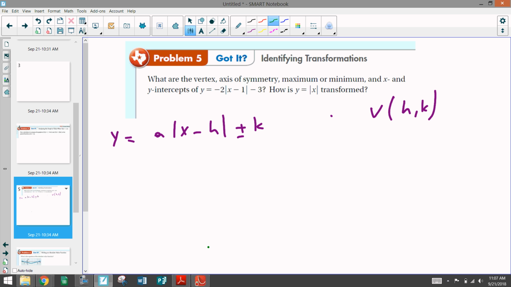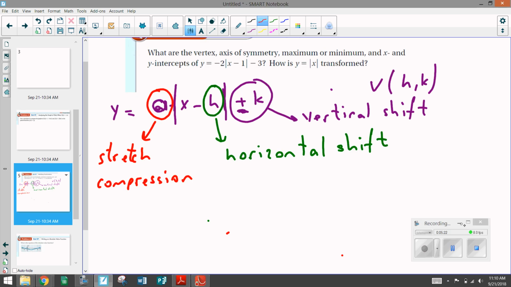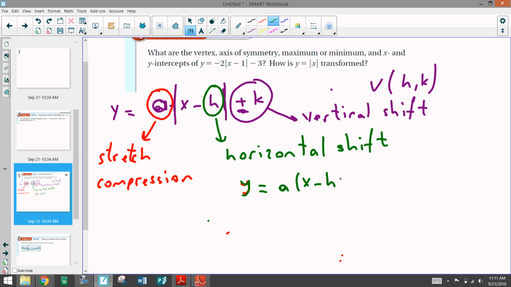Write the formula, identifying transformations. After this, I'm going to write the formula here one more time in order to match the function here: y equals a times absolute value of x minus h, plus or minus k.